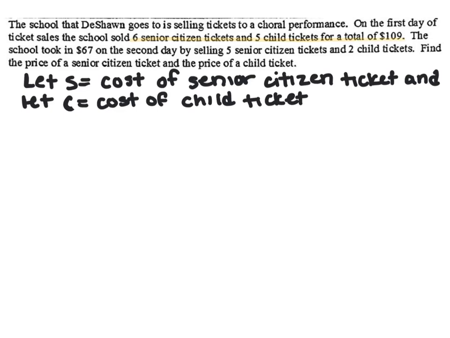So if I match this as my first equation, I have 6 senior citizen tickets is going to go with my S. So I can write this as 6S plus, if I continue reading, the 5 child tickets, and I'm going to use C for a child, so plus 5C equals our total of 109.